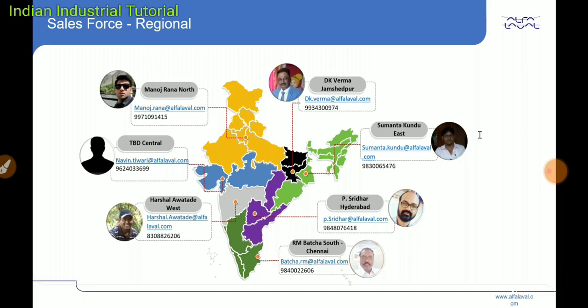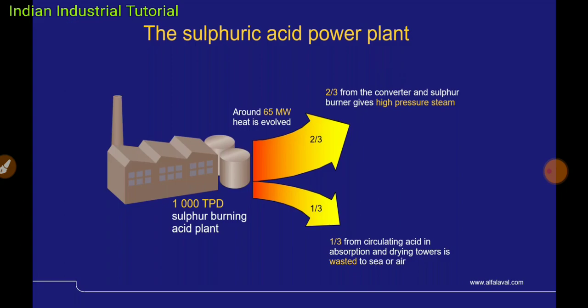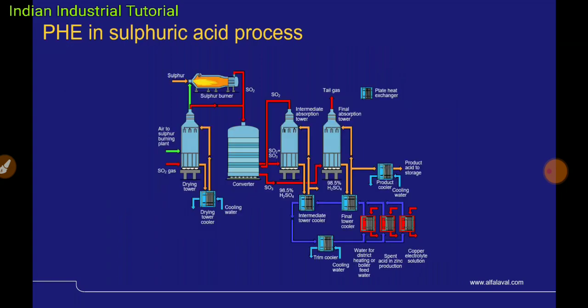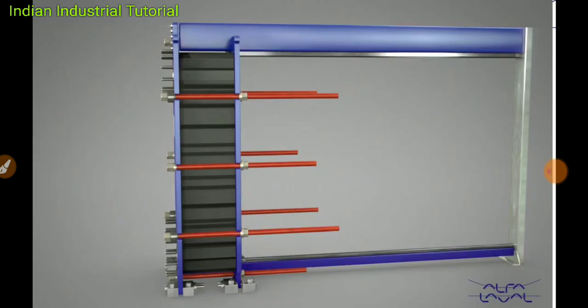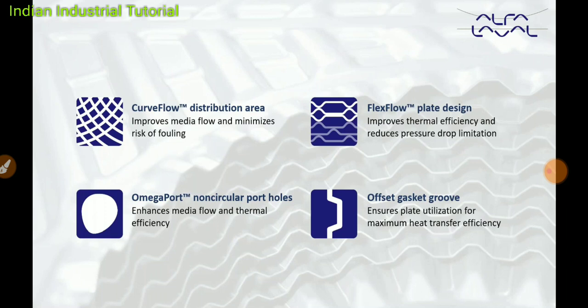Next we have a question from Nikhil Khadse. Why Omega port? What is the advantage of this? Omega port, I have already shown you the advantage. Once again, I will tell you. You can see this slide. Yes, sir, now you must have seen this slide.